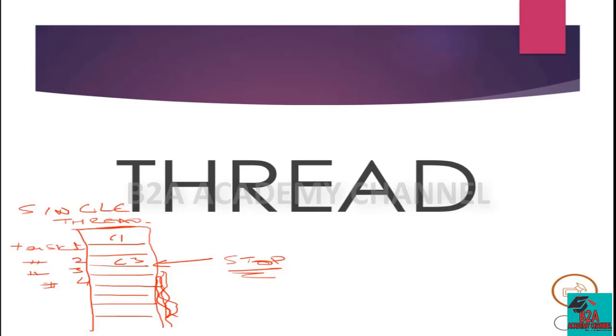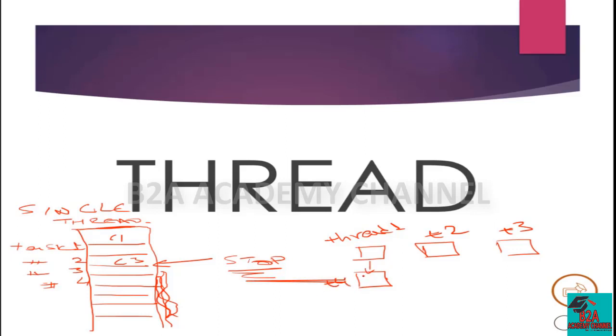This means that I could have a lot of threads right here that could be processed in parallel or not in parallel. So this one will execute in parallel, so I have thread 1, thread 2, thread 3.